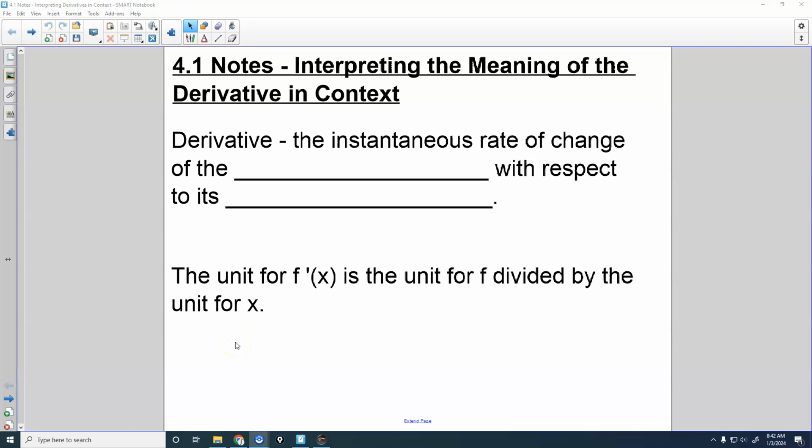So the derivative is the instantaneous rate of change of the dependent variable with respect to its independent variable.